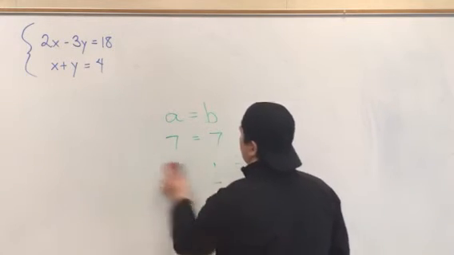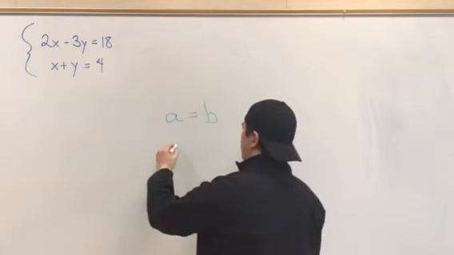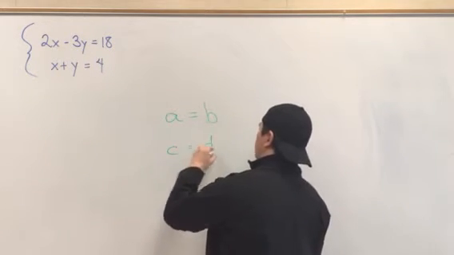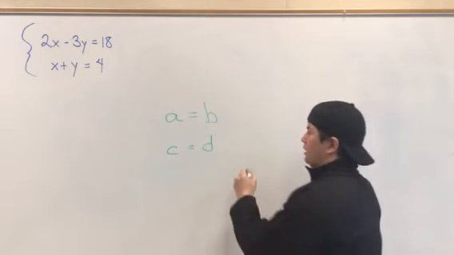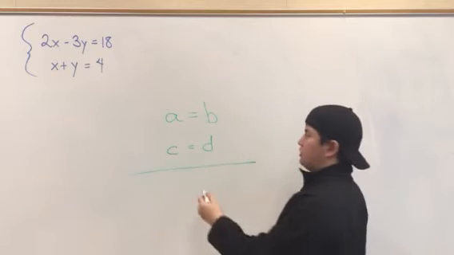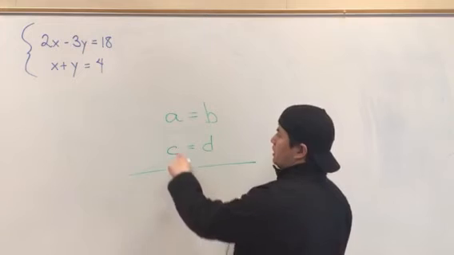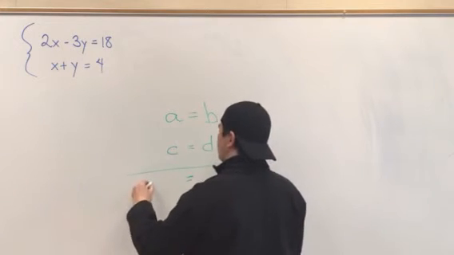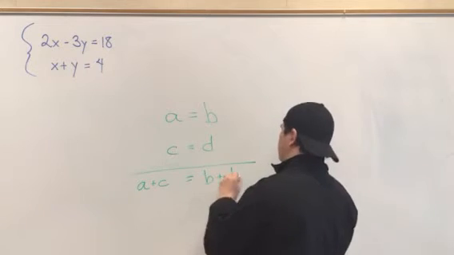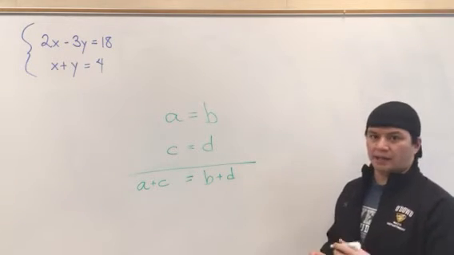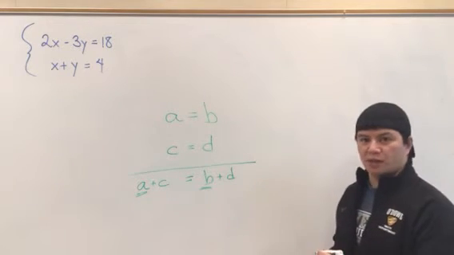All right. And I can extend that by, let's say, setting two other quantities equal to one another, like C equals D. And again, if I just combine these two equations into one equation, by adding vertically, I can say A plus C is equal to B plus D. And again, that's going to be true because A and B were equal to begin with.